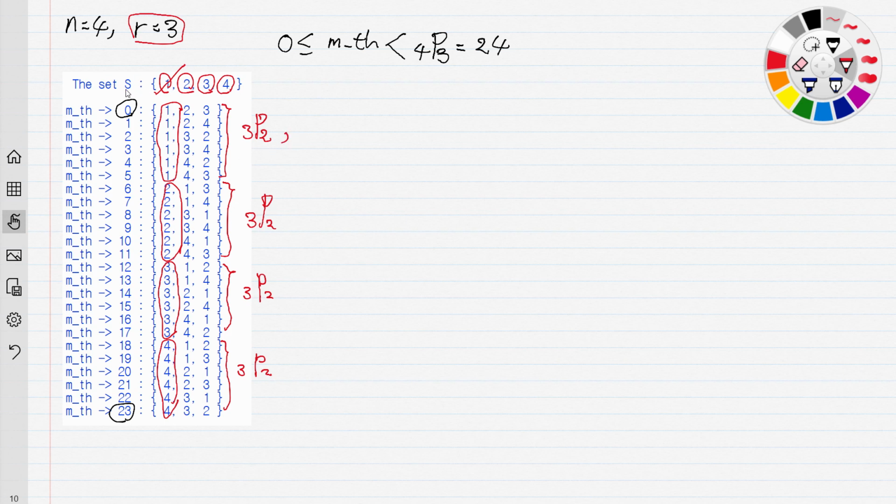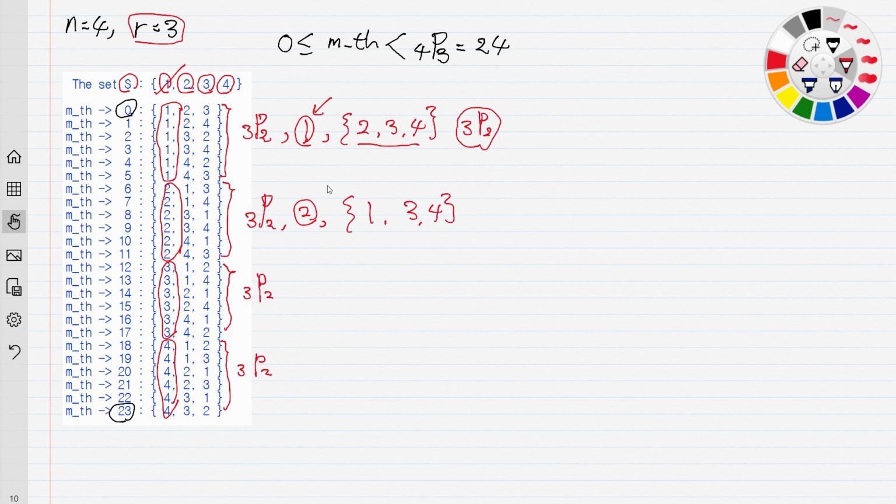Let's see once again. From the set S, we select 1, then we are left with 2, 3, 4. Since we already selected 1, from this set, we select 2 more. So 3P2. Okay? In this case, if we select 2 from original set S, then we are left with 1, 3, 4. Since we already selected 2, we can select from the set with 3 elements, we can select 2 more.